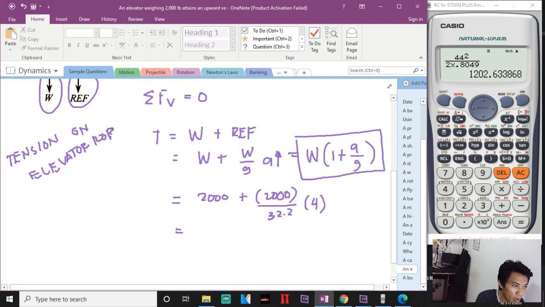Yan yung direktang formula. So, T equal to yung weight 1 plus A over G, depende yan 1 minus A over G, pag pababa or pataas. Okay? Yan yung formula natin.